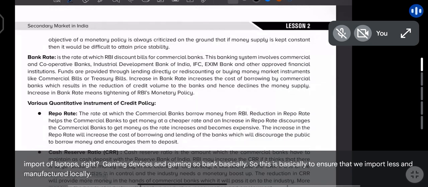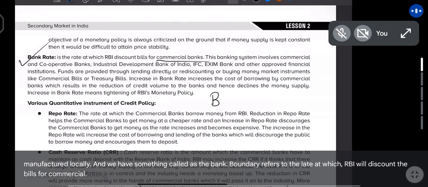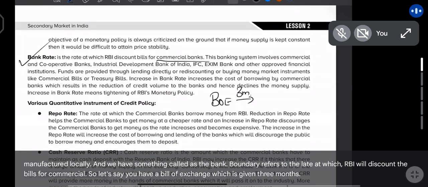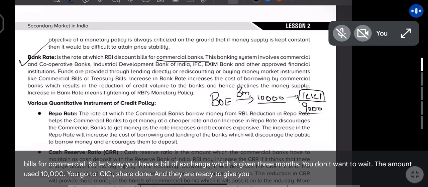Then we have something called the bank rate. Bank rate refers to the rate at which RBI will discount the bills for commercial banks. So let's say you have a bill of exchange which is due in 3 months. You don't want to wait. The amount due is 10,000. You go to ICICI Bank and they are ready to give you 9,000 rupees on this bill.